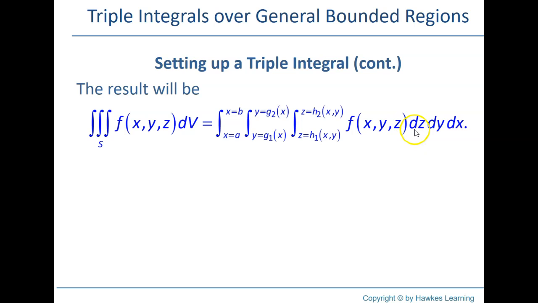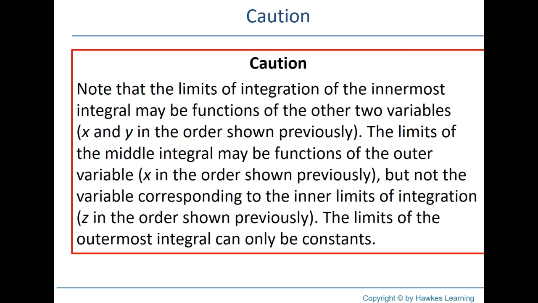So we have to work progressively towards constants. We have to remove variables every time we go down when we do this. Okay, and that's what this slide is talking about. Make sure you always are going from two variables to one variable to constants when you set up your integration.